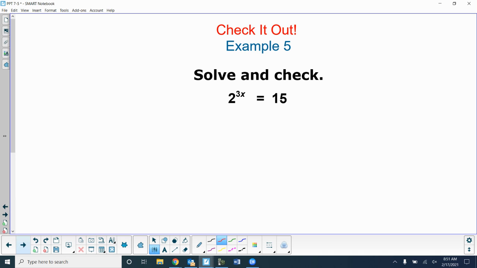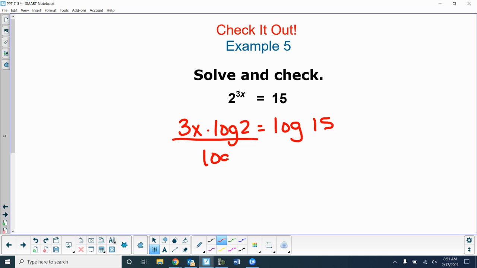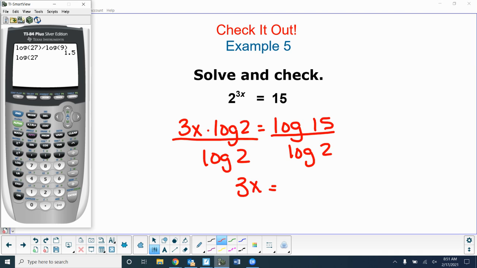1.302, right? So the 3x goes in front times the log of 2 equals the log of 15. Divide by the log of 2. And you got 3x equals log 15, close it, log 2, close it. You got that, right? Oh, that's not right. Had an extra log in there.